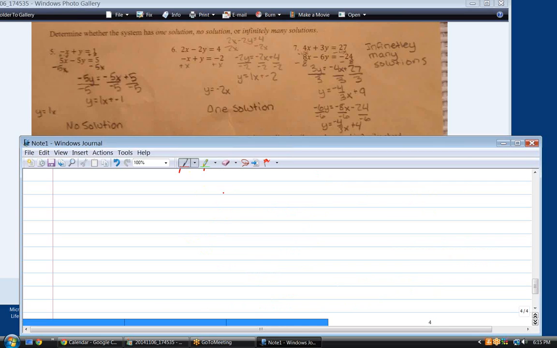Infinitely many. Let's talk about that because we didn't get one here that was infinitely many. Now, this one had one. Well, how would you get infinitely many? If I had the following. That all by itself is infinitely many.